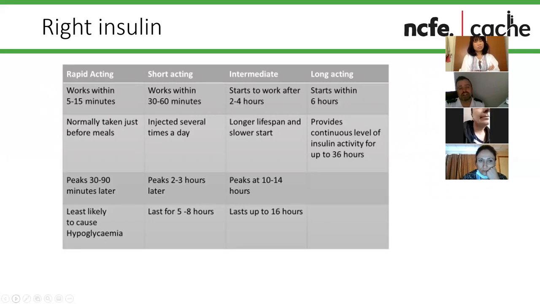Short acting, injected several times in a day. So that's just about keeping it more regulated. Lasts for about 2 to 3 hours, and then lasts for 5 to 8. Then you've got your intermediate, which is your longer lifespan and slower starts. Peaks about 10 to 14 hours and lasts up to 16 hours. And then obviously you've got your long acting.